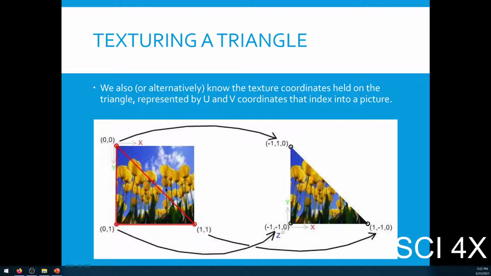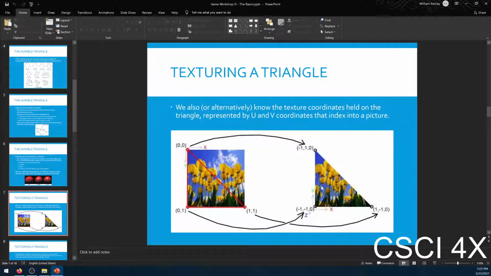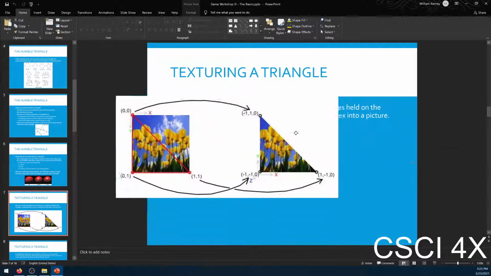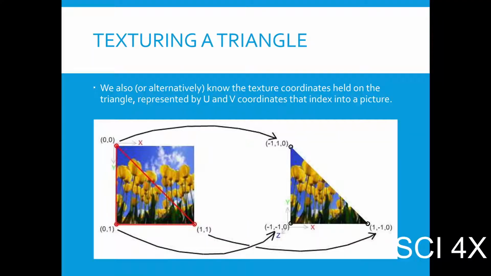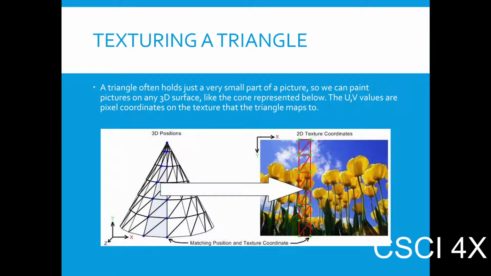You can think of it as just sliding the picture around. The mesh stays the same. The triangle stays the same, but it's just sliding the picture around on it. So it looks like you're doing this cool animation, and really you're not. It's just changing the UV mapping of the picture onto the triangle.